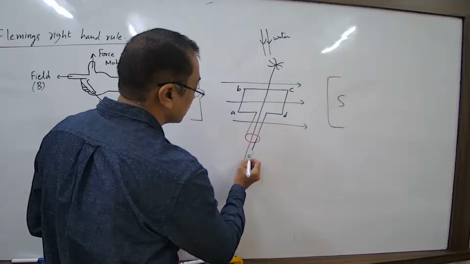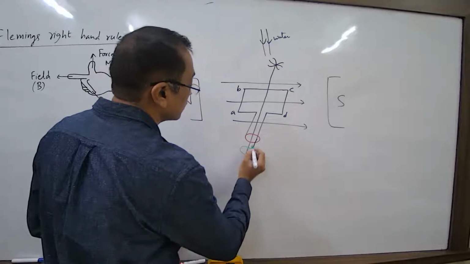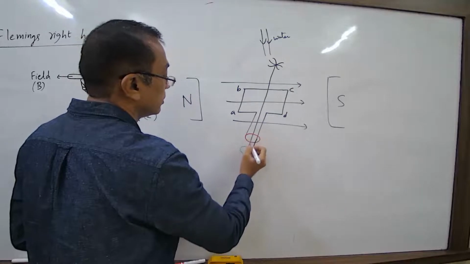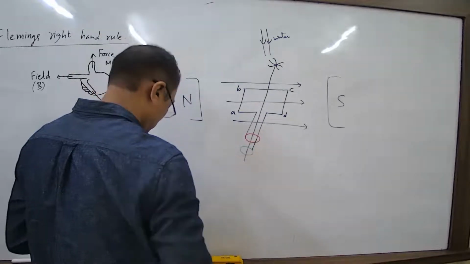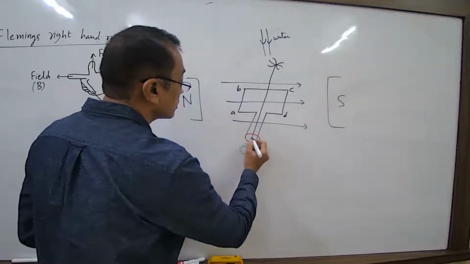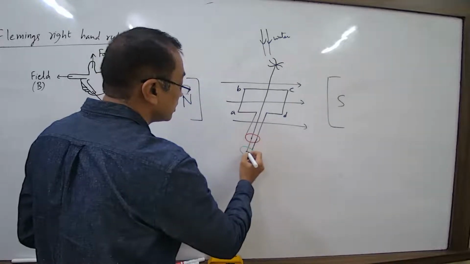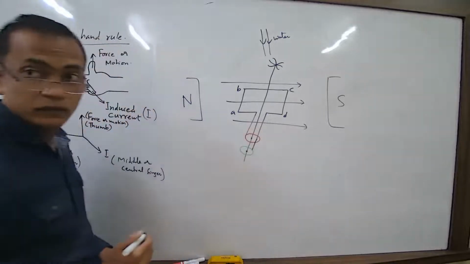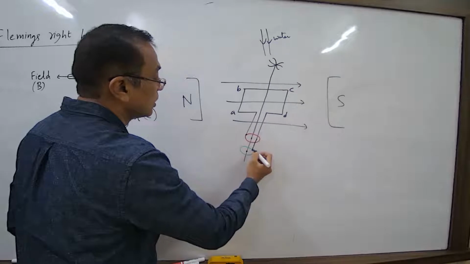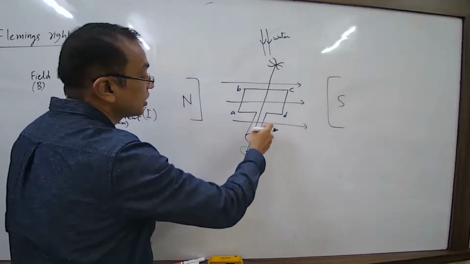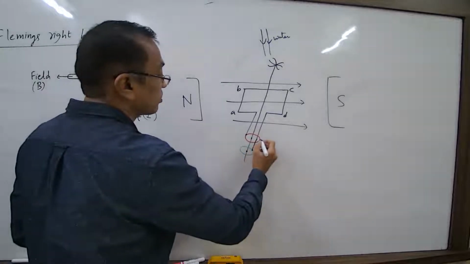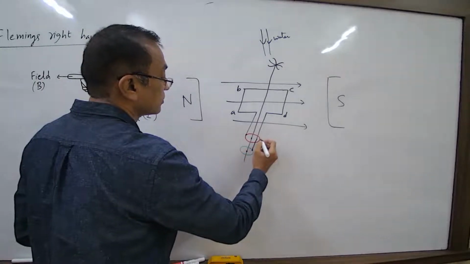There is another ring. So the center of the ring is on the axis only. Okay, it is fixed. This ring is centered around the axis, and it is fixed to the coil here. So this wire is passing through this ring. There are 2 rings. Now what we are doing is, we are providing connection.